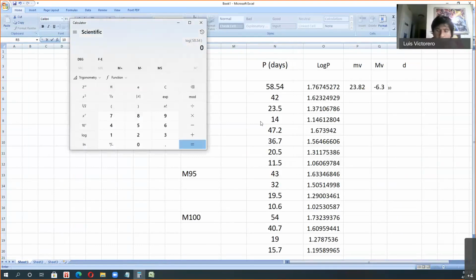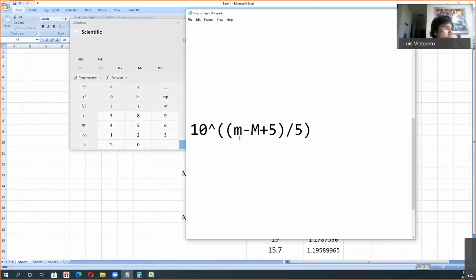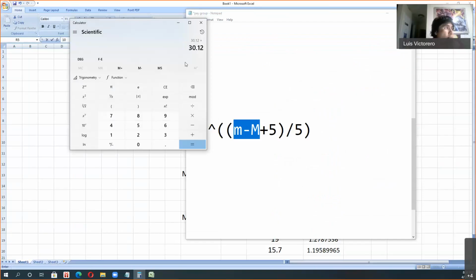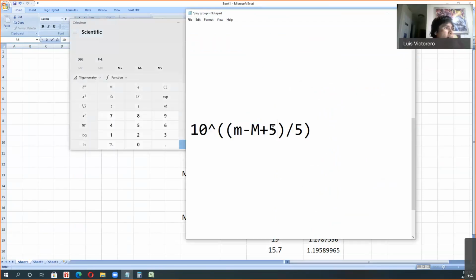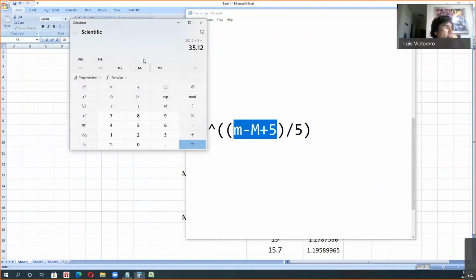I want to do 23.82 minus minus 6.3, which becomes positive. So 23.82 plus 6.3 is 30.12, right? That's this part of the equation. Then I'm going to add 5. That's all this. Then I'm going to divide by 5.